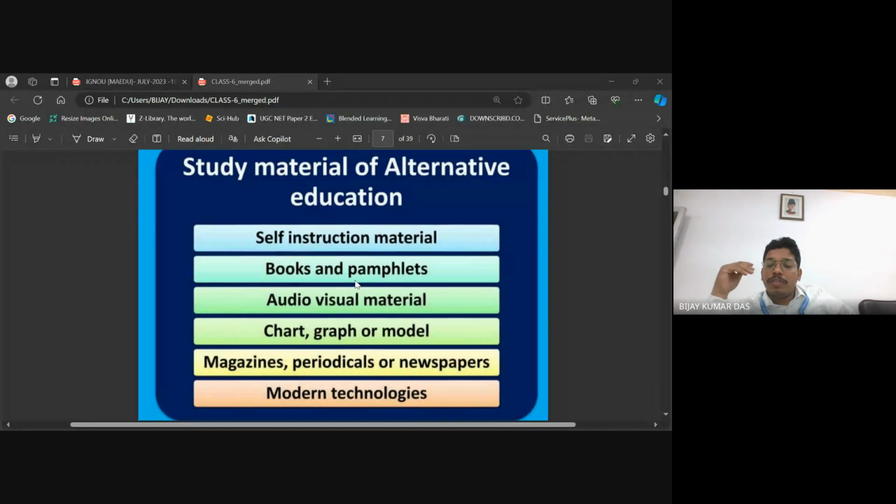Modern Android phones, laptops, computers, screens, and we are also learning from cinema halls, movie halls, and from any webinar, seminar, conferences, or international and national conferences, right? So there are alternative ways of education. Is there enough, right?